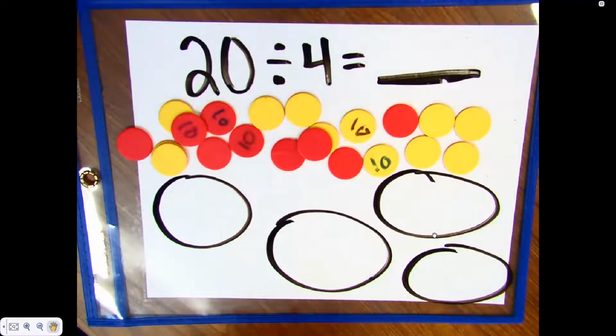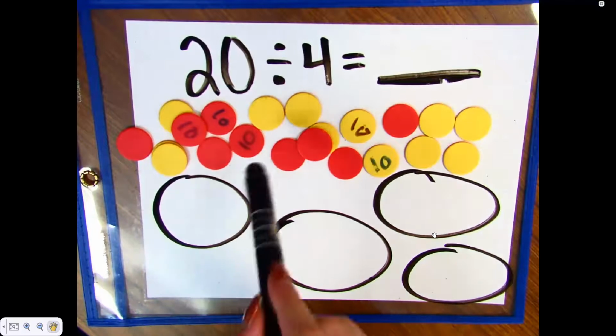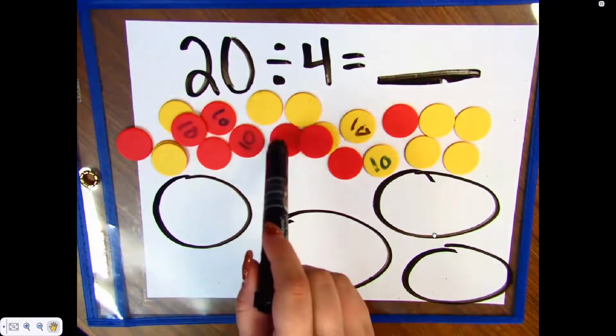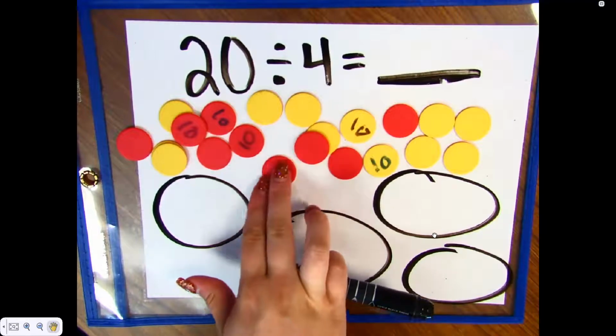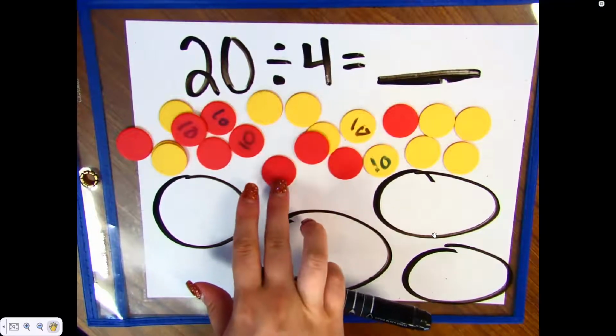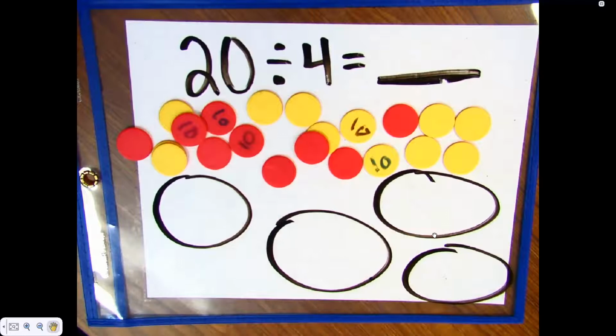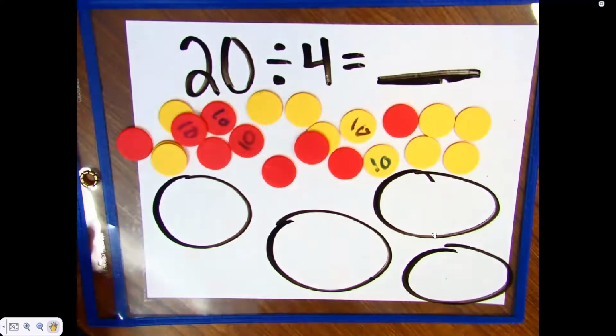So now that I've drawn my groups, what should I do with these counters? Bella, what should I do with those counters? Put them in the circle. Put them in the circles, right?